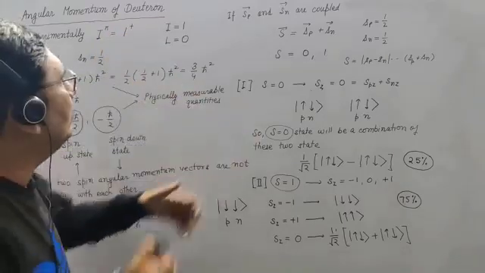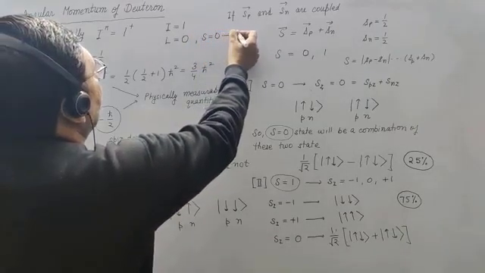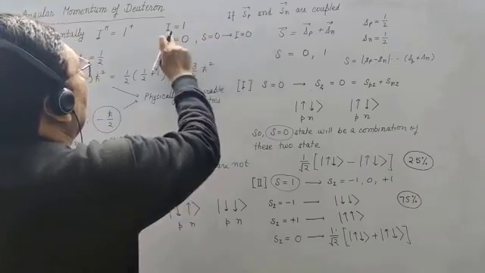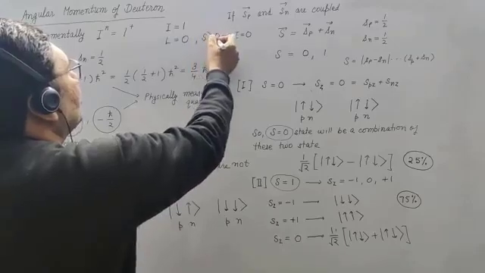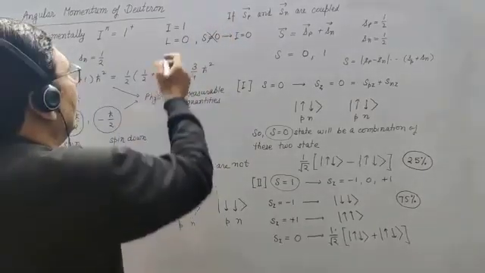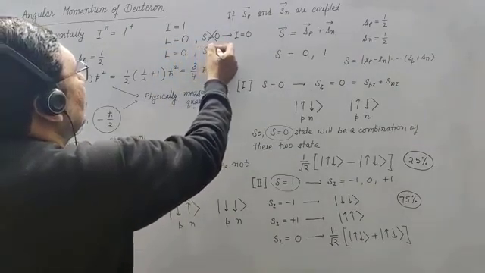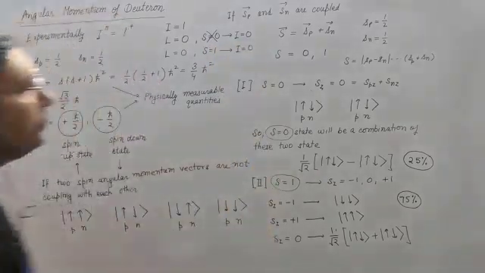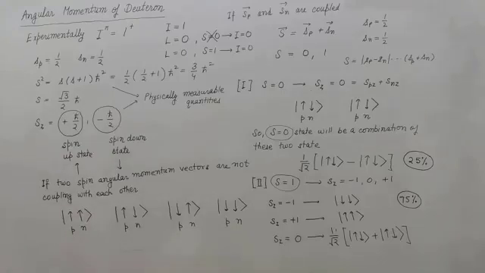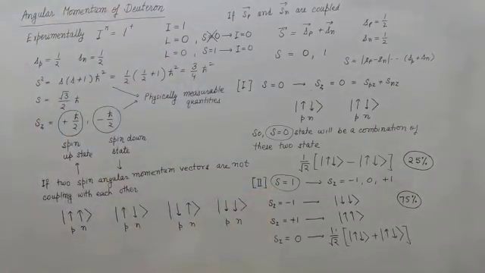So if we choose S equal to 0, then this will give us only I equal to 0. But I equal to 1 is experimentally known, so S equal to 0 is not possible. If L equal to 0, we have only one possibility, that is S equal to 1. So out of these possibilities, nuclear forces choose S equal to 1. Only S equal to 1 is the possible state in which the deuteron nucleus exists.